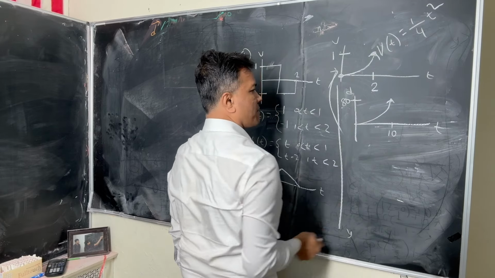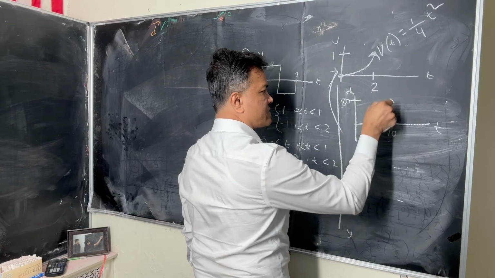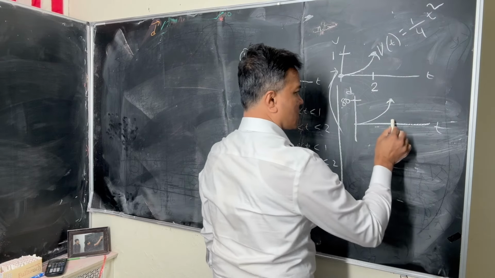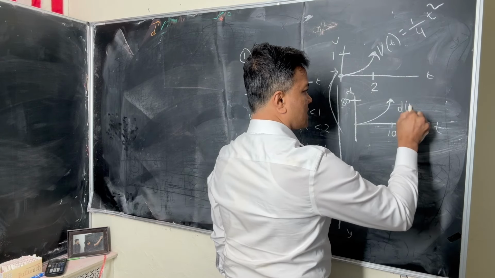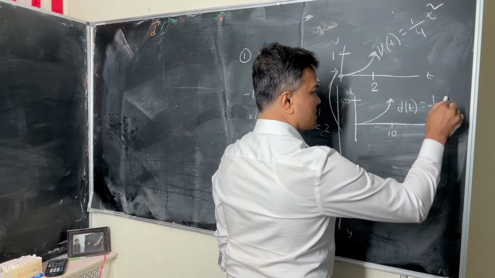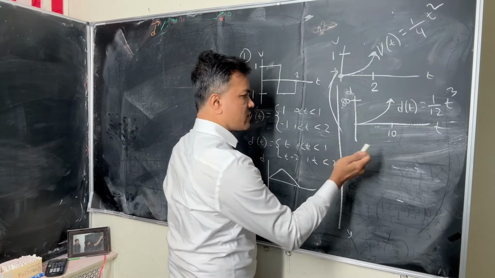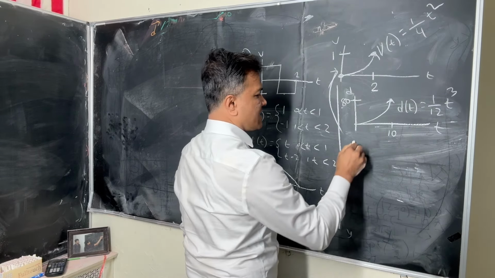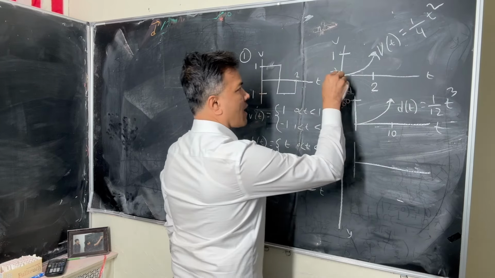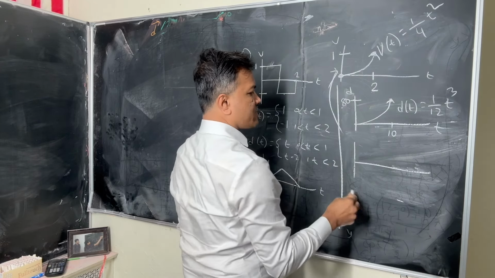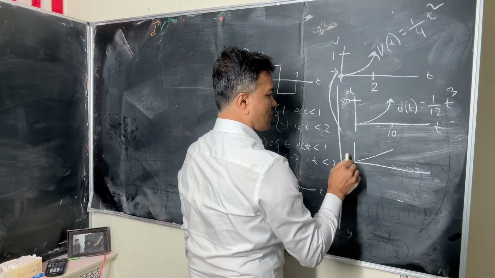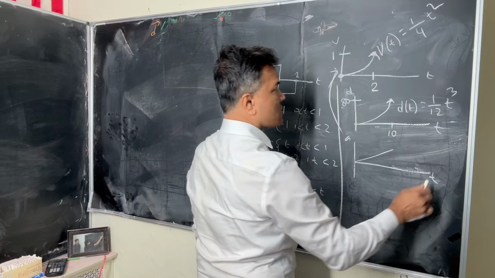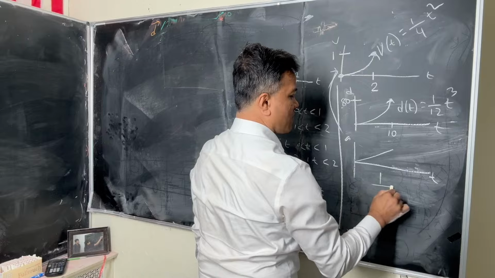They look the same, but this one increases faster because this is cubic. xt is 1 over 12 t cubed. This one increases faster. If vt is quadratic, at would be linear. So this is at. We're going to use the same procedure.